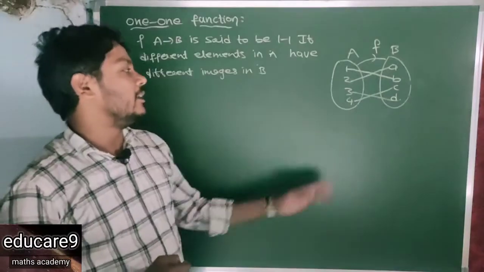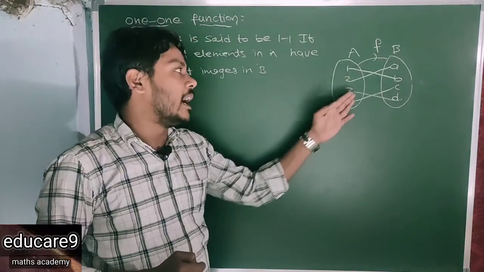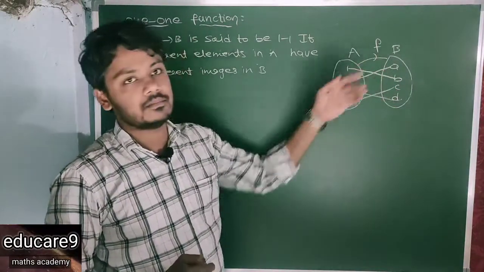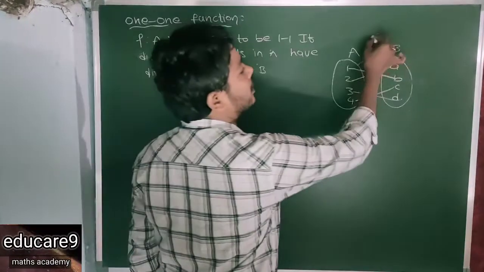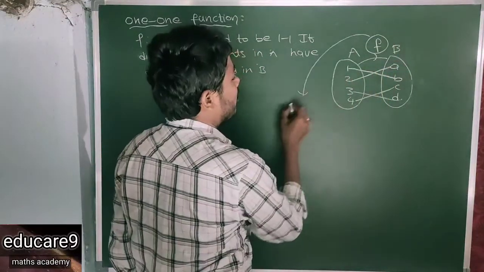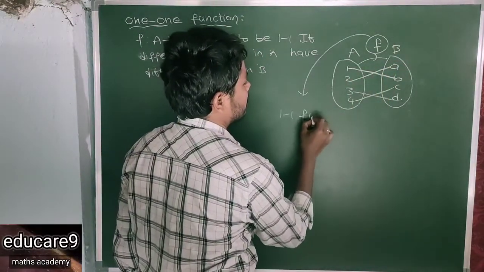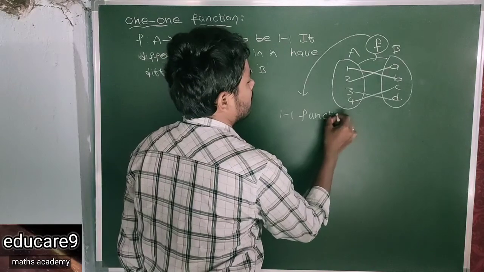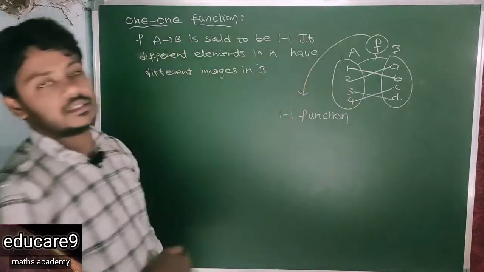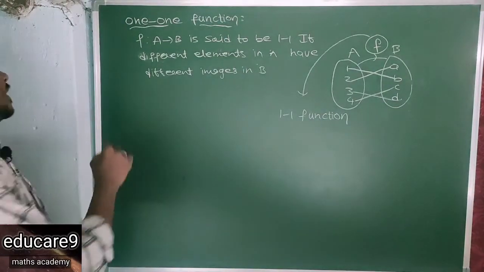So clearly different elements in A have different images in B. So then only f is said to be a 1-1 function. Now the second definition.